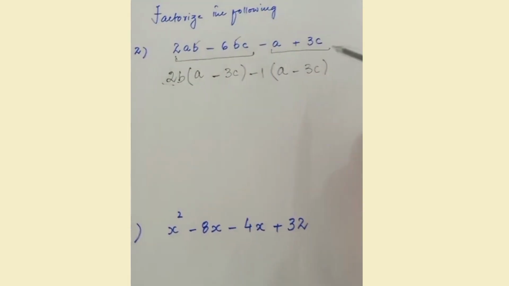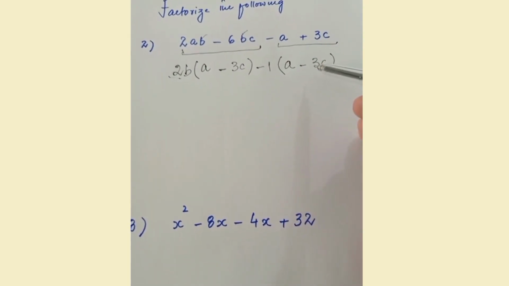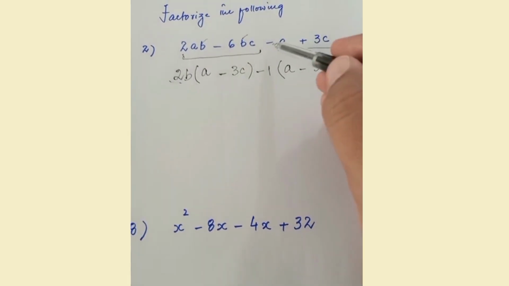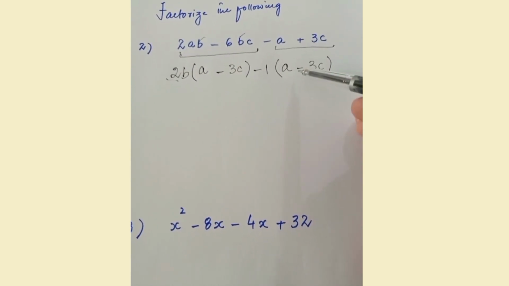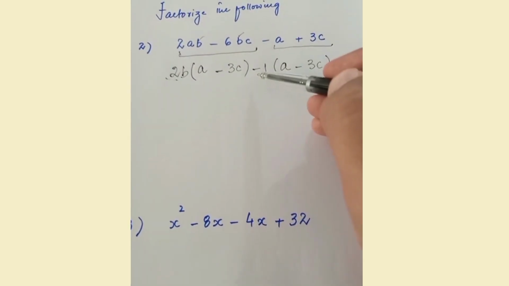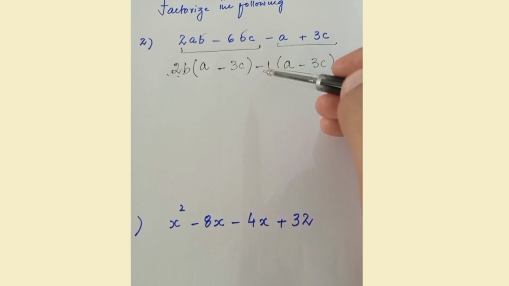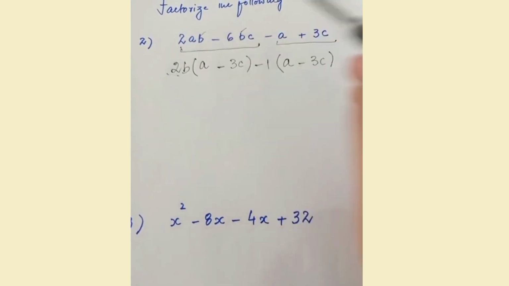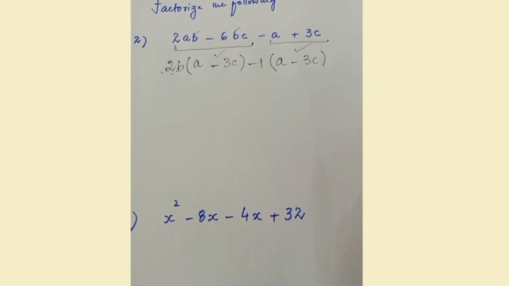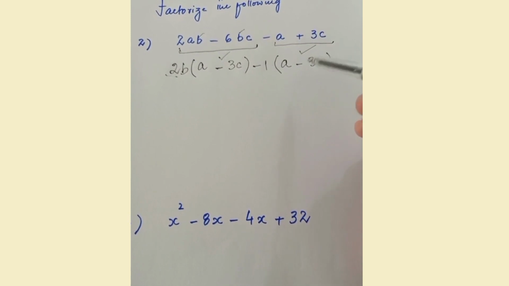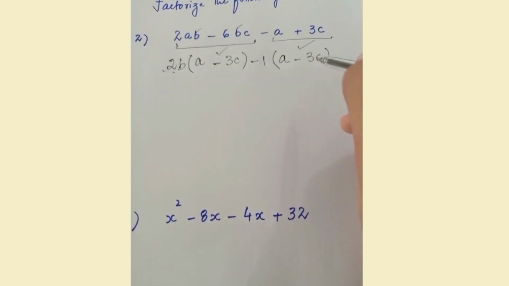Whenever we take minus as common, the signs within that bracket always change: minus becomes plus, and plus becomes minus, because we have taken minus as common. Another very important thing to keep in mind: when taking common among two pairs, the things within the bracket should always be the same. If you can do that, it means you have taken the common things among these four elements rightly.